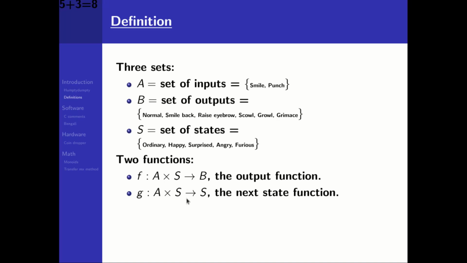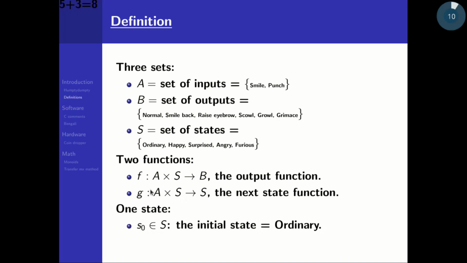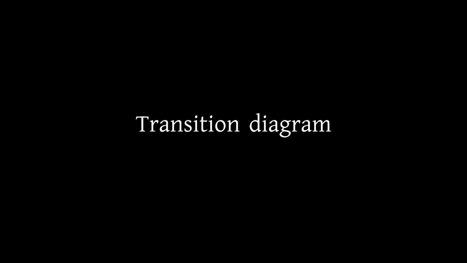Only one other thing is needed, the initial state. Initially we start in the ordinary state of mind. So some designated state called the start state or the initial state. So the mathematical definition of a finite automaton is a 6-tuple: 3 sets, 2 functions and 1 element of this set of states.